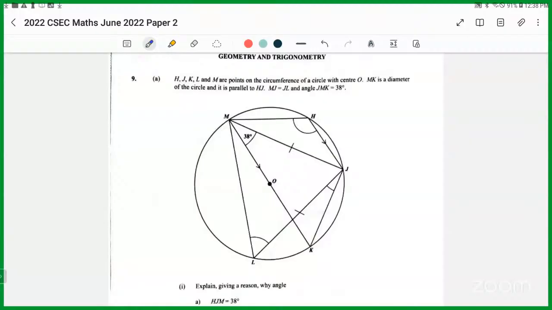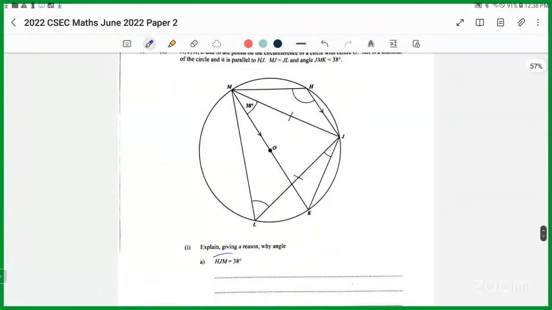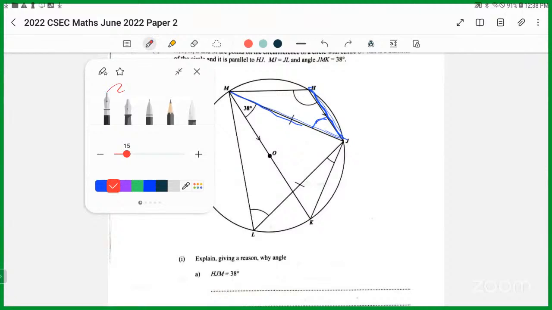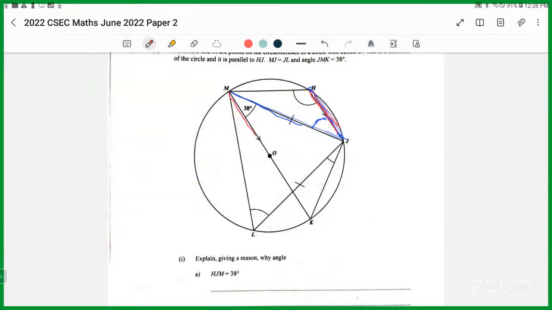All right, let's go. Question says, explain, giving a reason why angle HJM is 38 degrees. HJM. Why is this angle 38 degrees? Yes, alternate angles. Because this line, as we said, is parallel to this line.